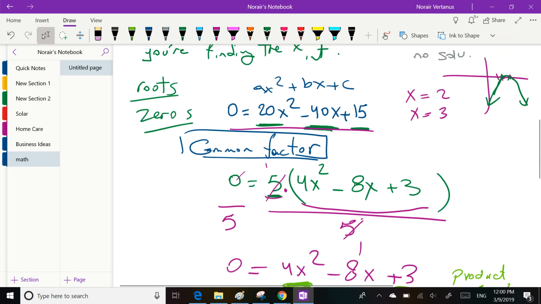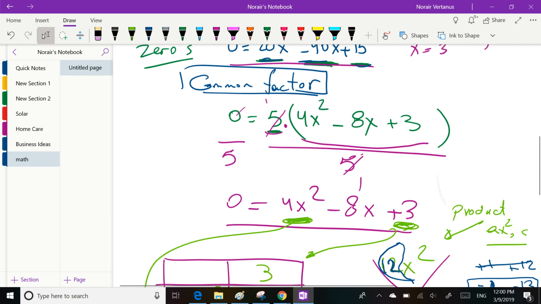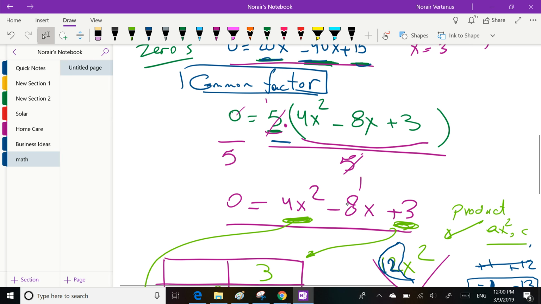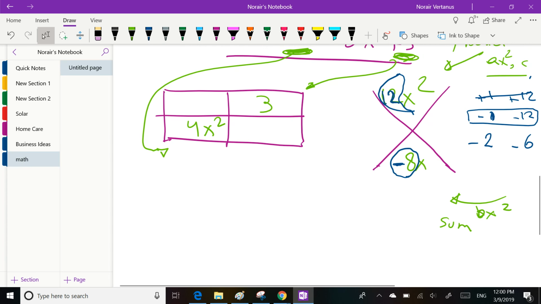Remember, I told you if you tried that with this one, it would have been harder. 20x squared, negative 40x, the numbers would have been bigger. Now we easily found it. That's why we went through this division, factoring out 5 and dividing by 5. So we found the numbers, negative 2 and negative 6.